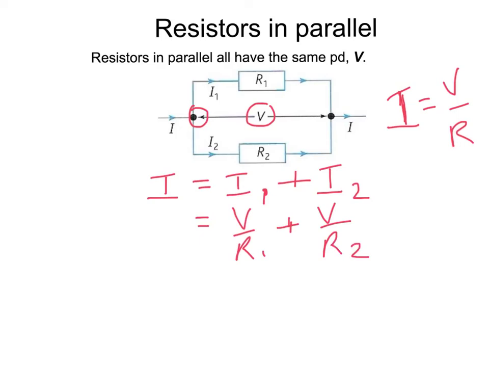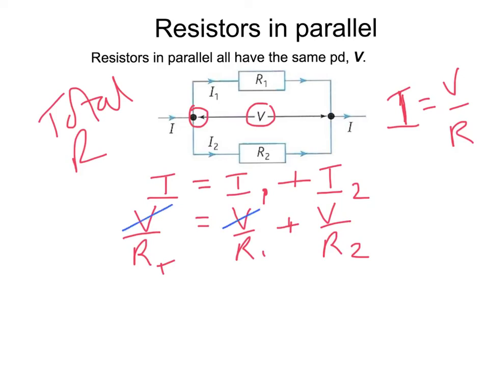Now what we're interested in finding out is the total resistance again. So here we have V over R total. Now this time we can cancel the V's and they end up as a 1, don't they?